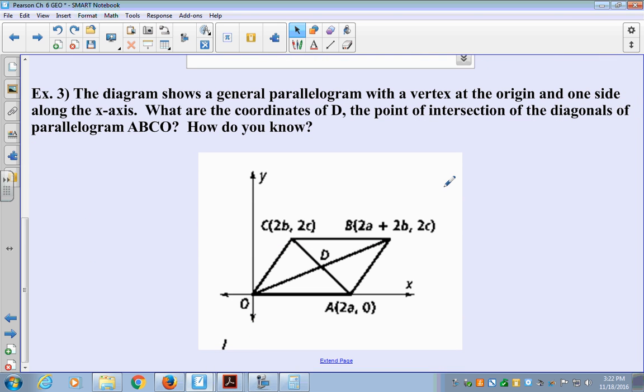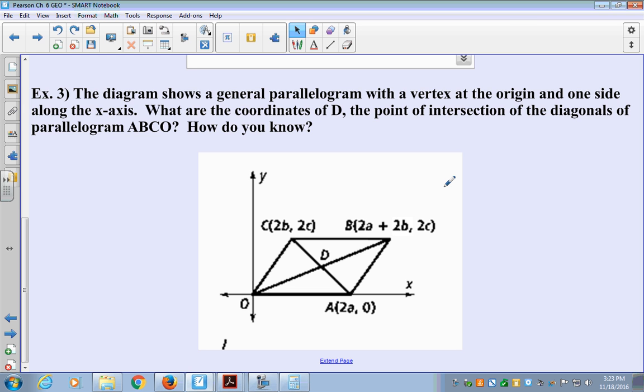Okay, so let's take a little peek at this parallelogram. It's got its vertex at the origin, and one side is along the x-axis. What is the coordinate of D, the point of intersection of the diagonals, and how do we know?